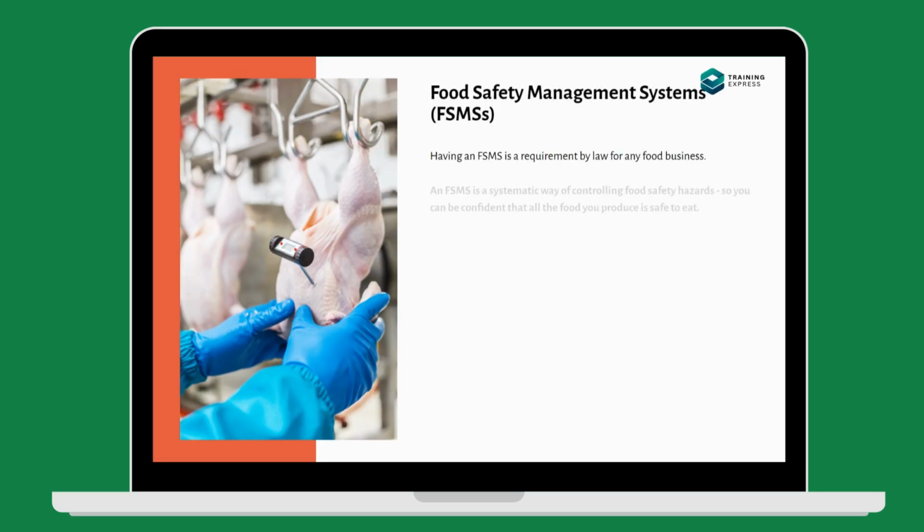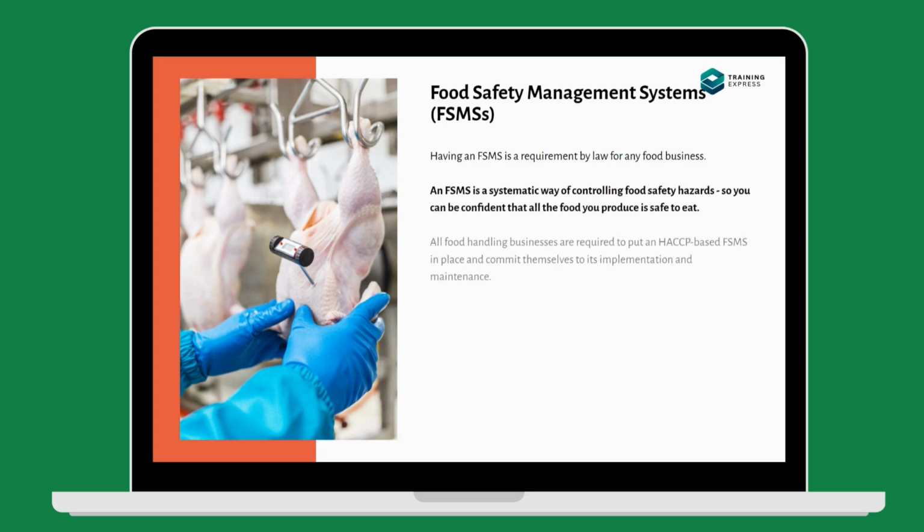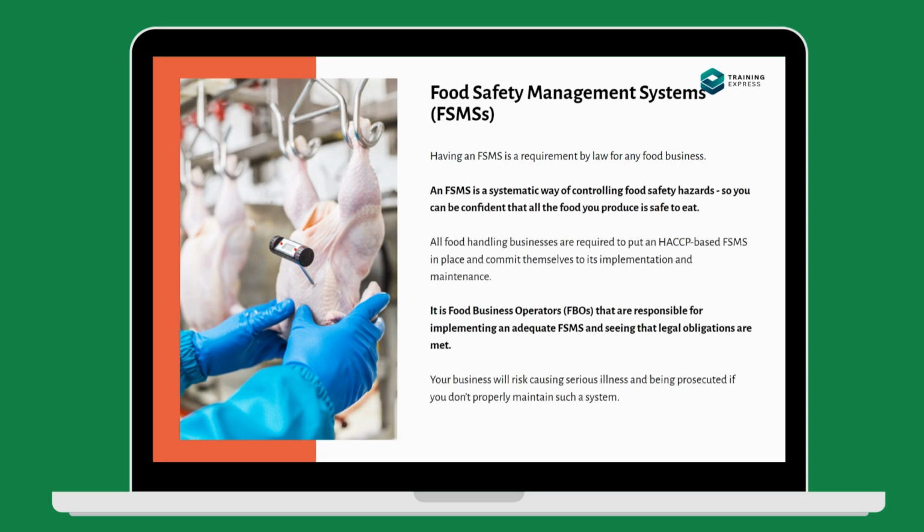Having an FSMS is required by law for any food business. An FSMS is a systematic way of controlling food safety hazards, so you can be confident that all the food you produce is safe to eat. All food handling businesses are required to put an HACCP-based FSMS in place and commit themselves to its implementation and maintenance.